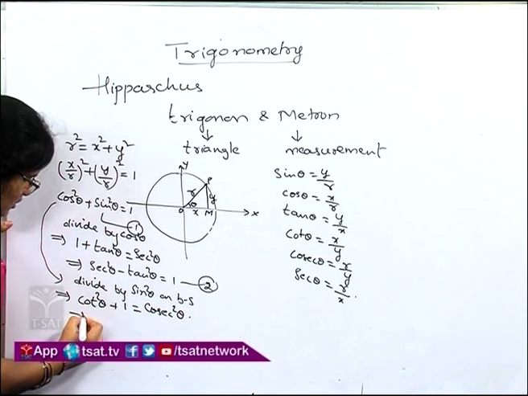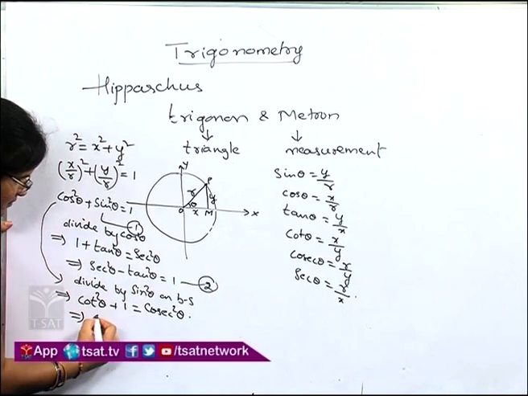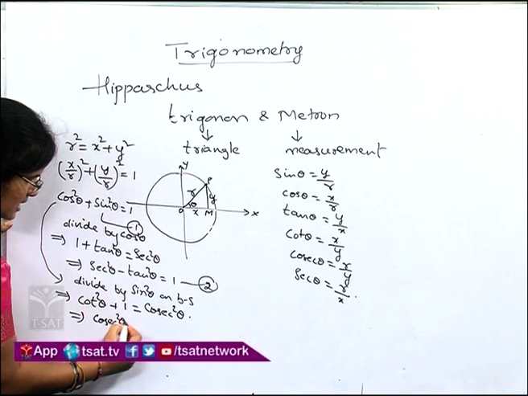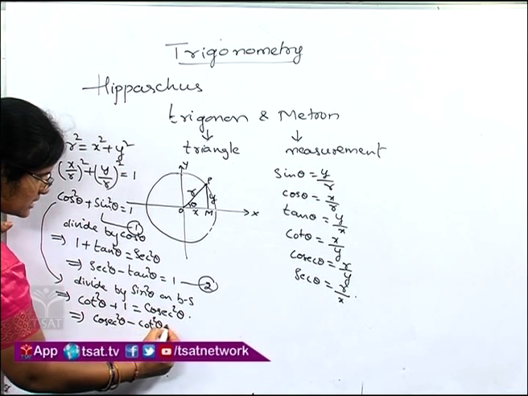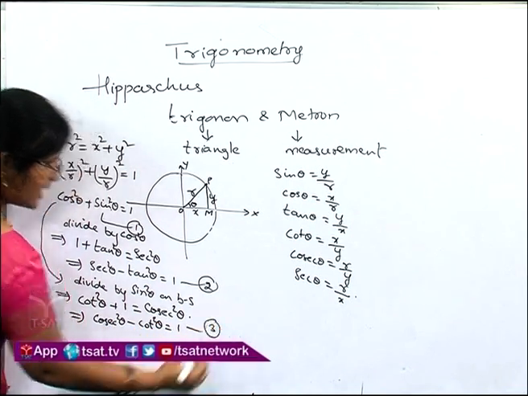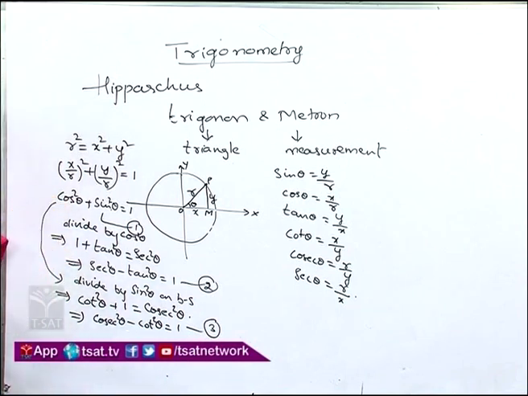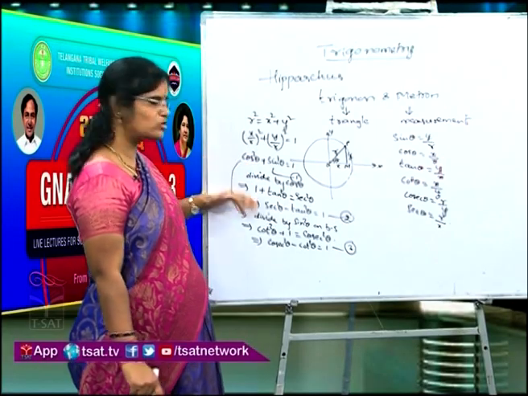If you take this cot square to the other side, we will get cosecant square theta minus cot square theta equal to 1. This is the third identity. So these are the 3 identities in trigonometry, children. If they give one known trigonometric ratio, we can find another unknown trigonometric ratio by these 3 identities.